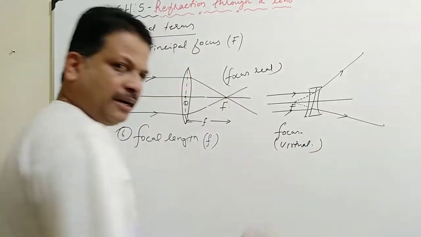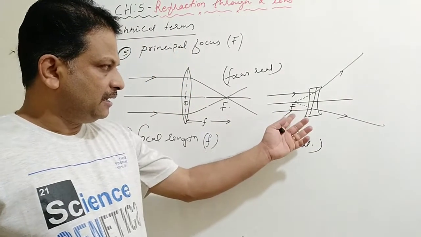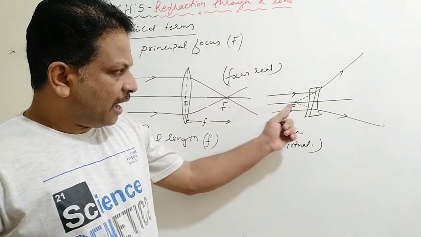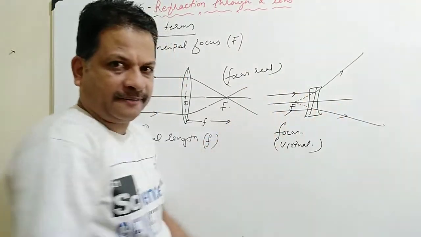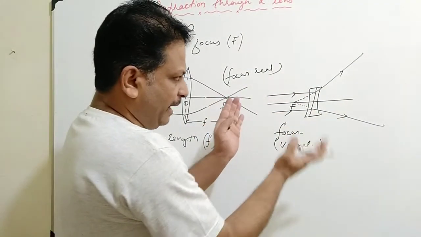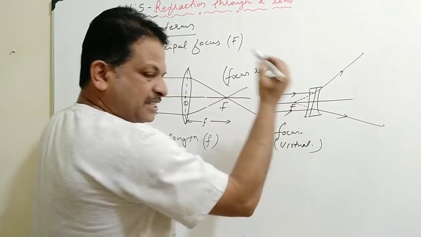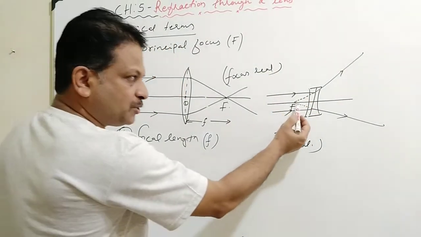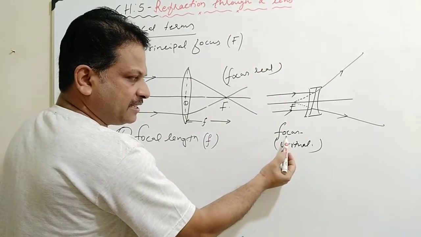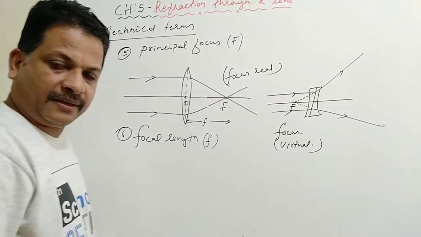Why is it virtual? It is not real, because here the light rays only appear to be diverging from this point. It's not the actual meeting point. So that's why it is known as virtual focus. Clear?